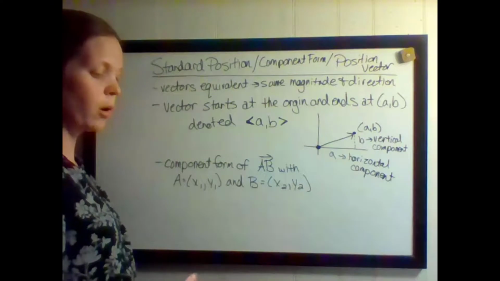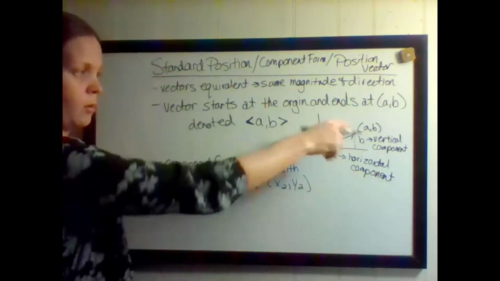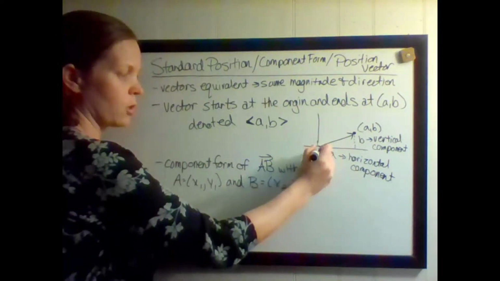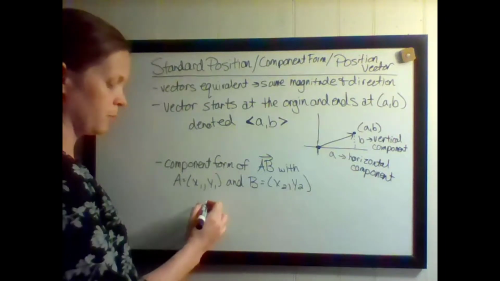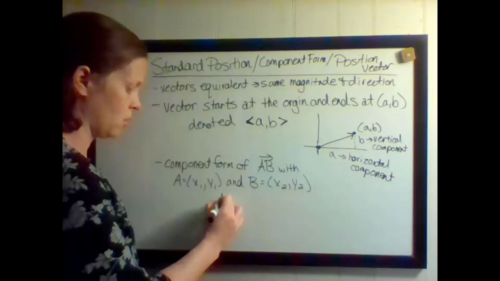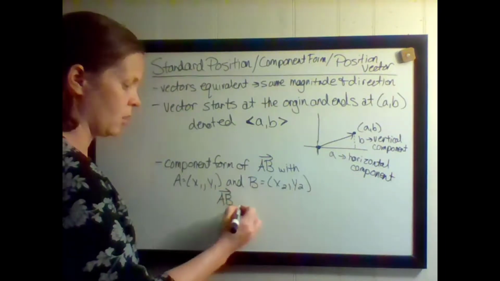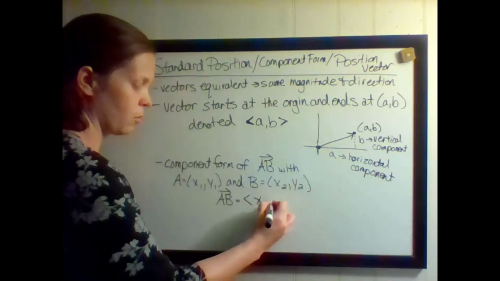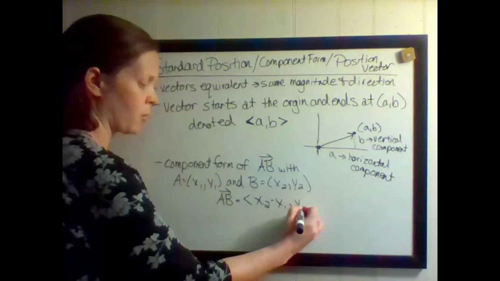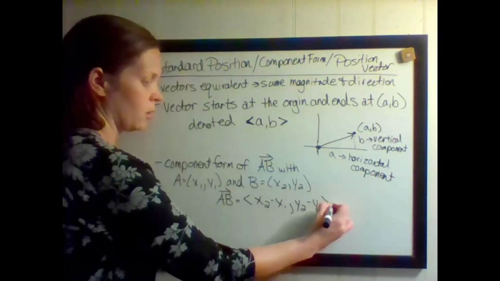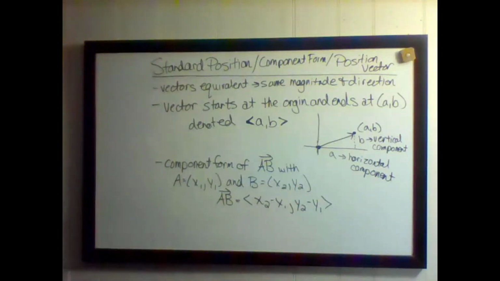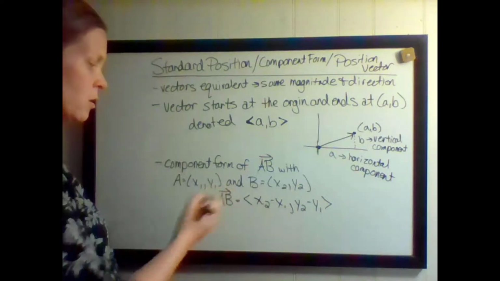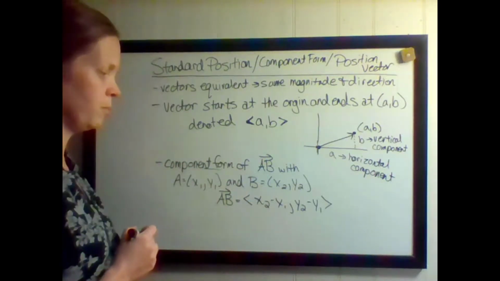If I have these 2 points and I want to make it into what I'm defining here, starting at the origin, how I can find that is vector AB is equal to (x2 minus x1, y2 minus y1) in vector notation. Okay, so by doing this, it turns it into the component form.